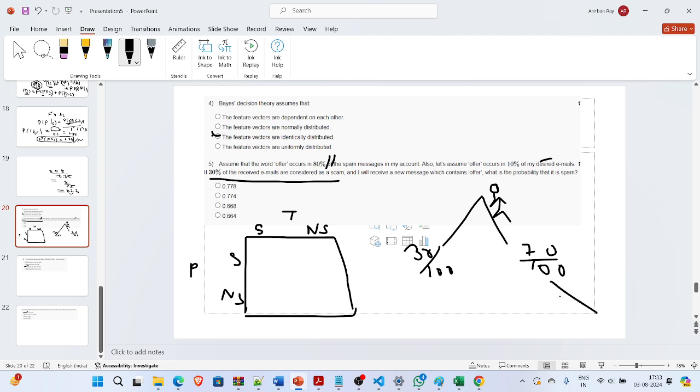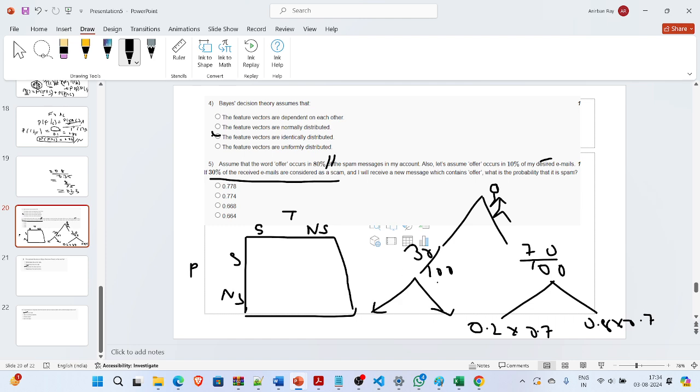So for 80% of the case, this is 0.8 into 0.7. And which do not have the offer word is 0.2 into 0.7. Simple. And in the desired emails, in 10% case there is the offer word.